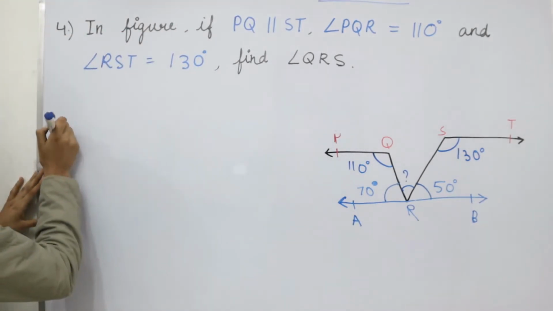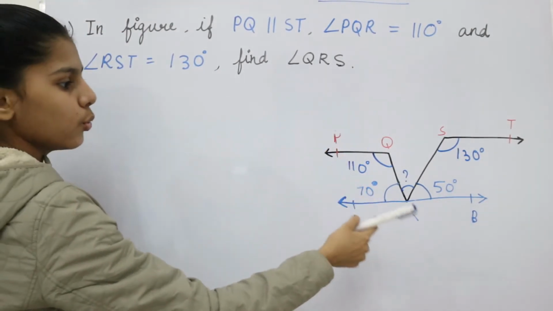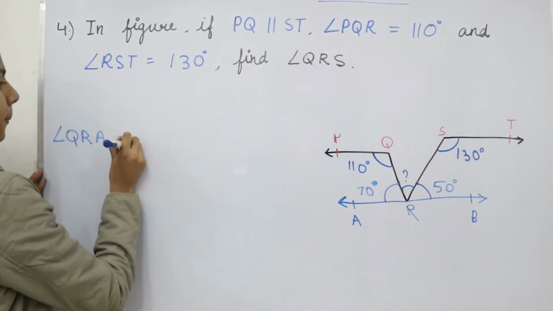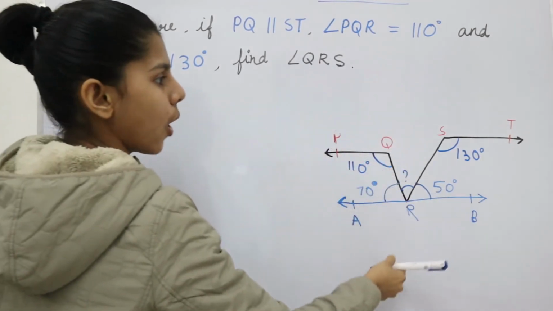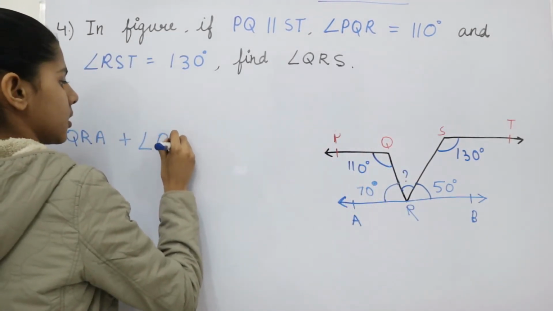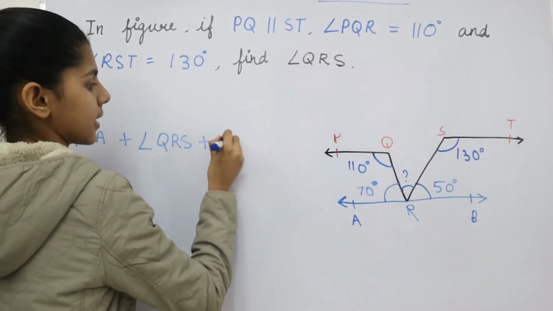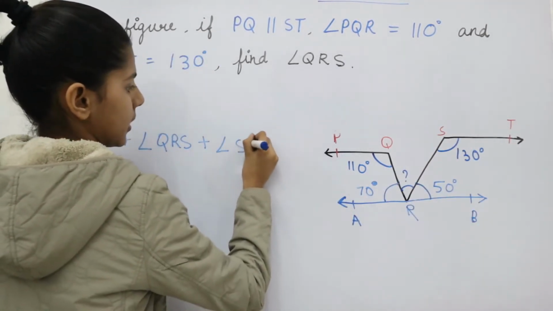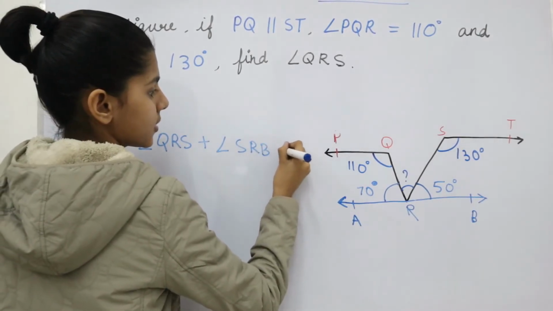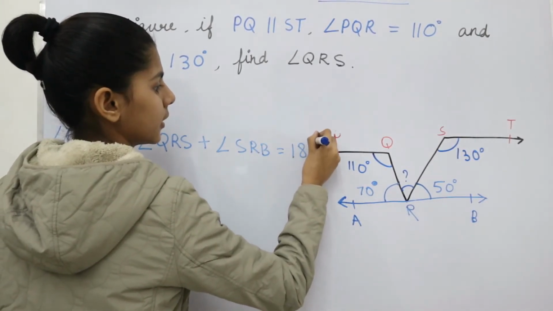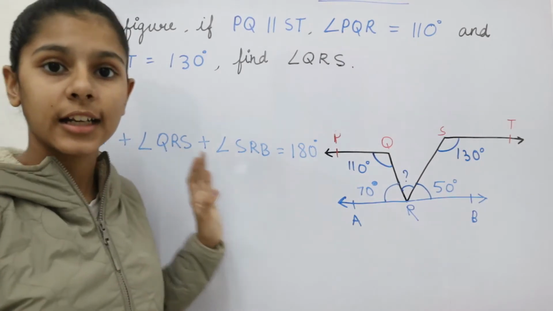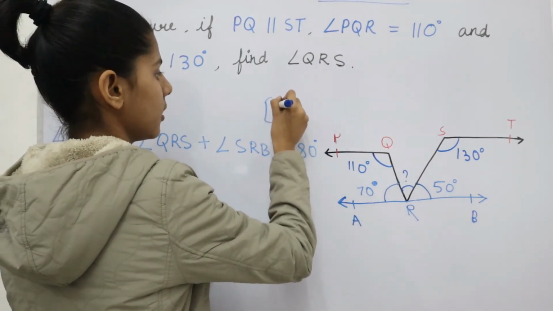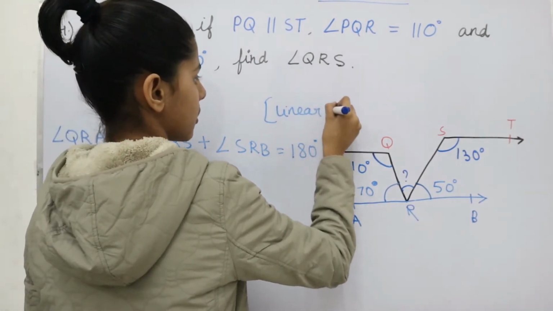So we can write angle QRA plus angle QRS plus angle SRB is equal to 180 degree. Why? Because they are forming a linear pair.